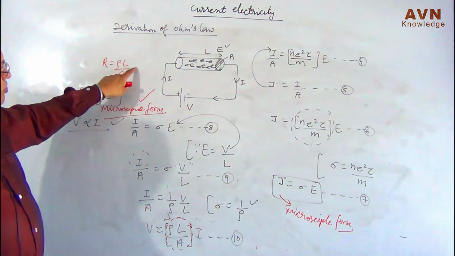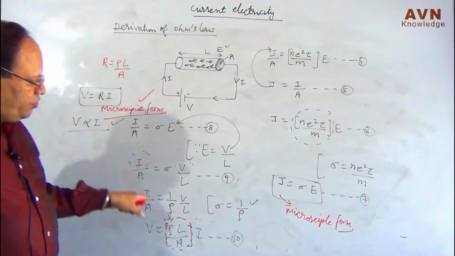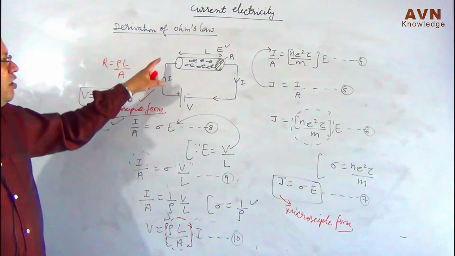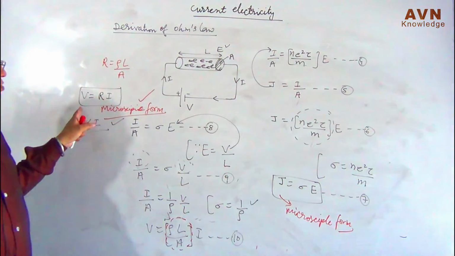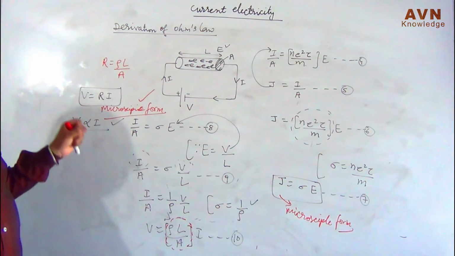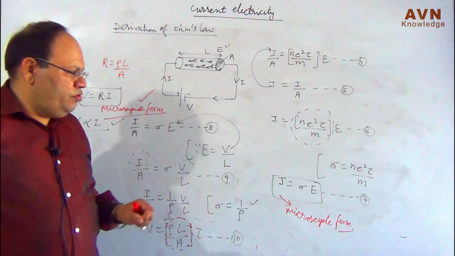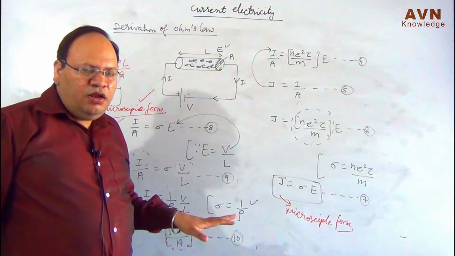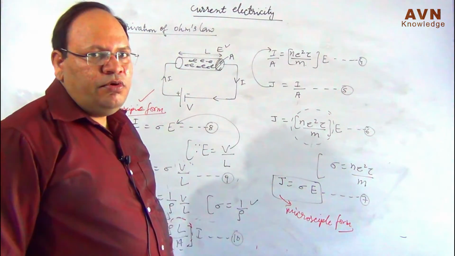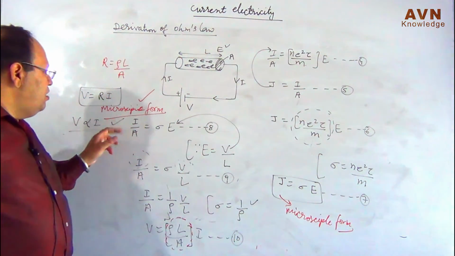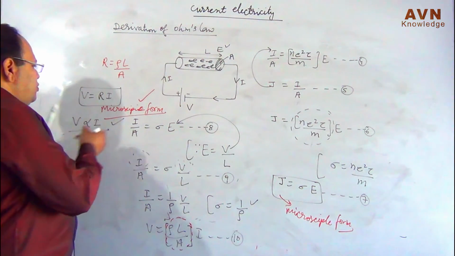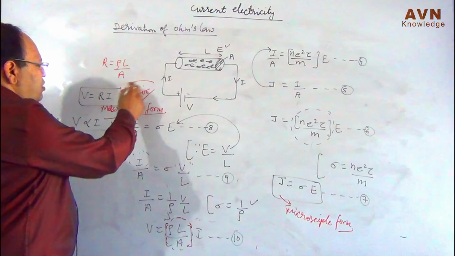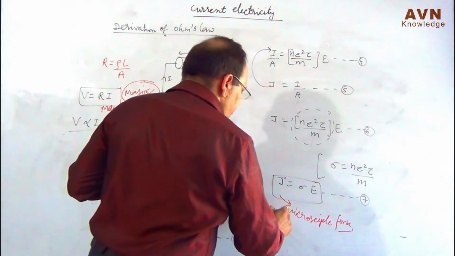So this quantity will be constant, and the potential across this conductor is proportional to the current. This is Ohm's law.